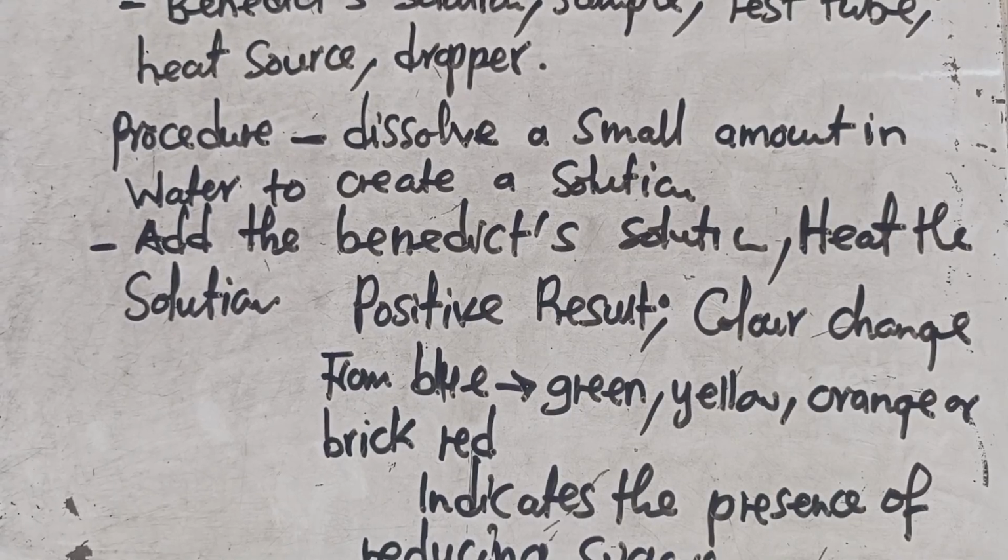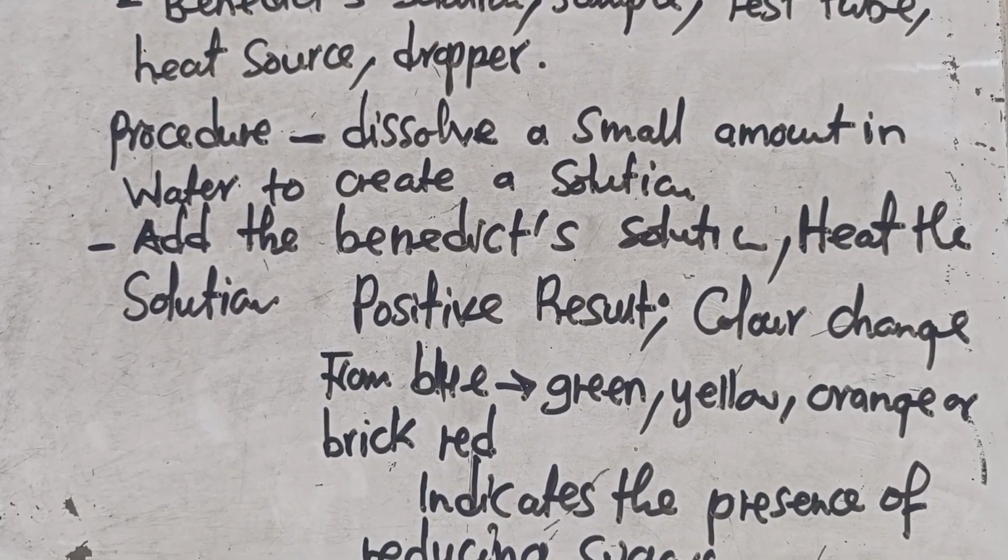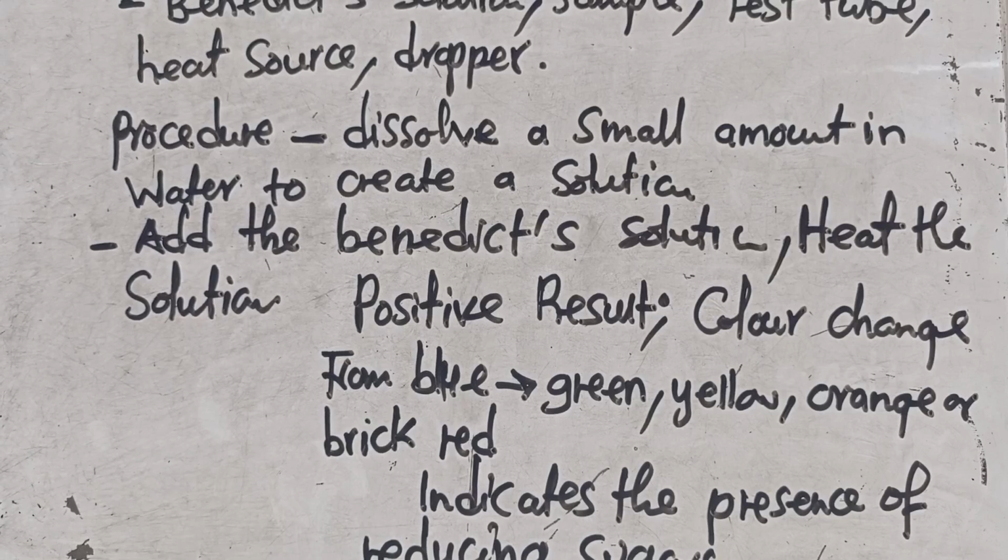I just want you to have a picture. You are going to understand these things very well when we go for practicals. And if the solution remains blue, no reducing sugars are present.